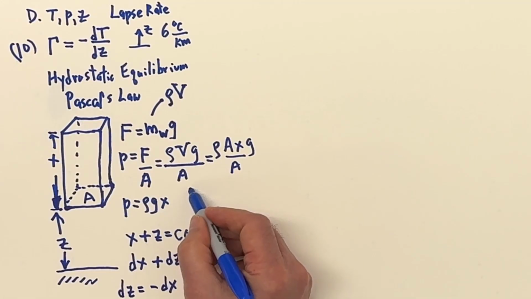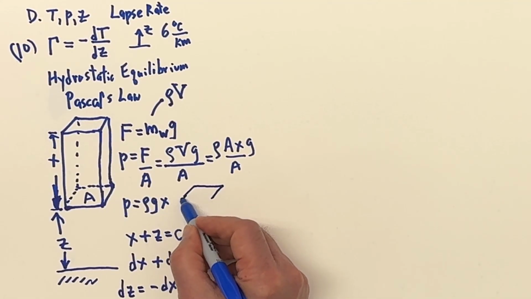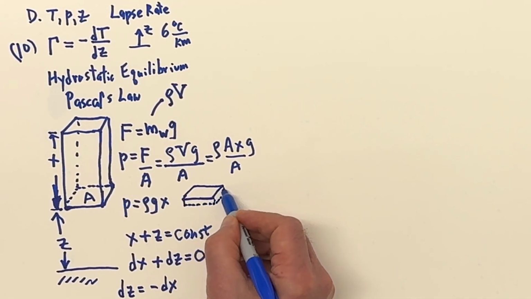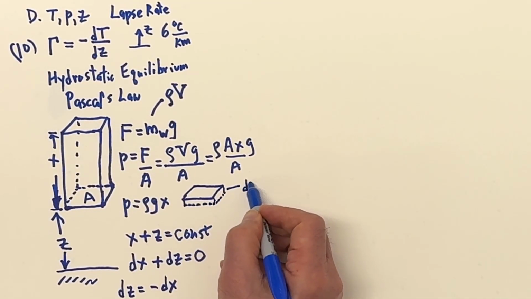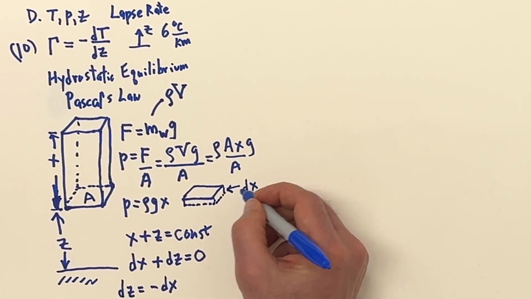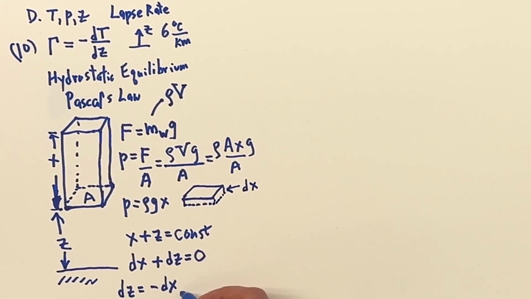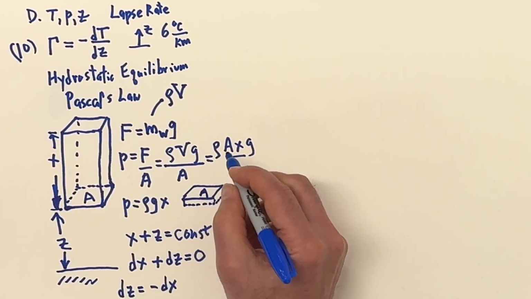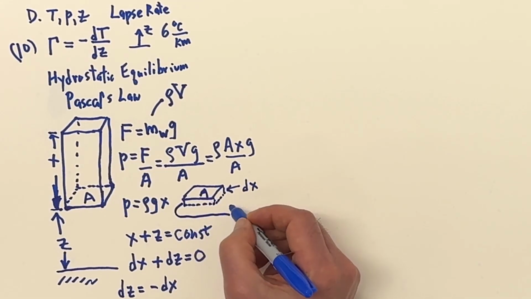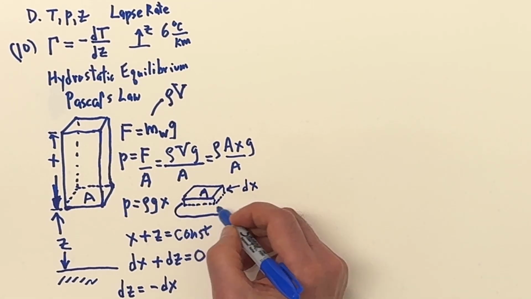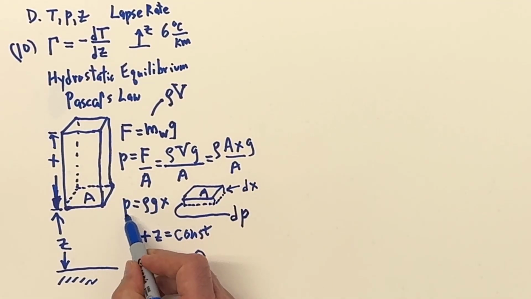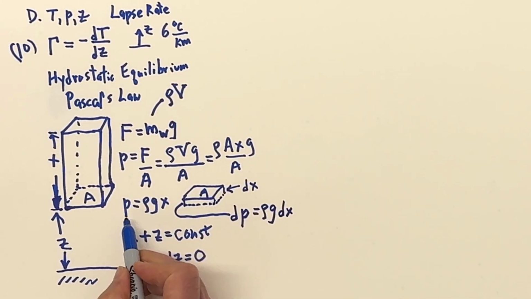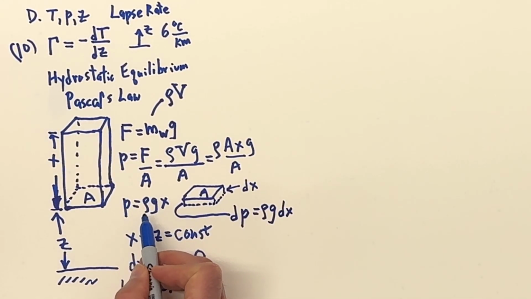So if we want to look at a little dx and dz, so let's look here at the little dx. This dx is going to be equal to a minus dz. That's the relationship. And this is, say, the area. And this here, we can think of this as having a little pressure differential, dP, is equal to rho g dx by just taking the differential here. dP is rho g dx.